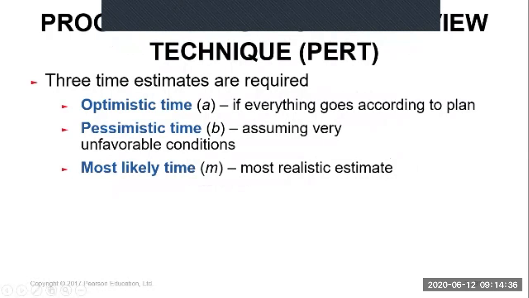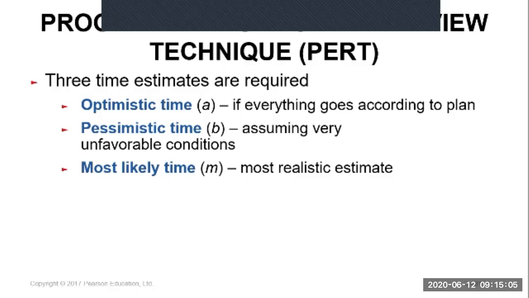Usually if you have variation in activity times, you need to identify these 3 times only. First, the optimistic time, which is the earliest that you can complete the activity.